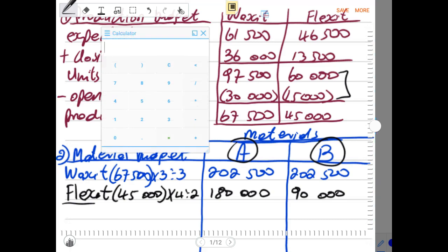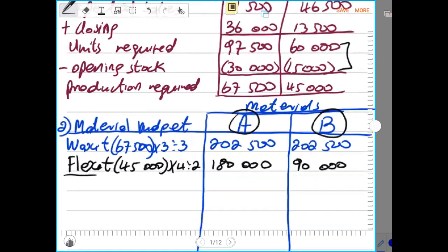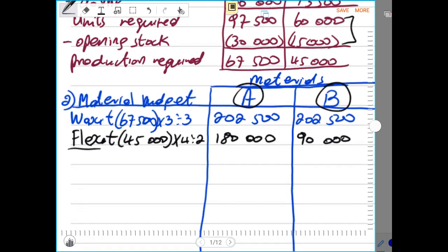So now we have allocated all the kgs that are needed to manufacture the 45,000 units of product Flexit.